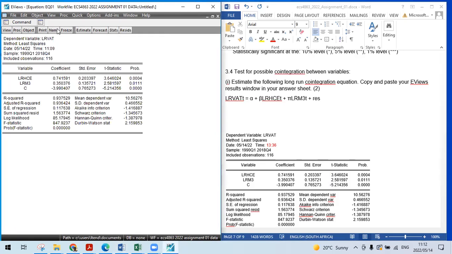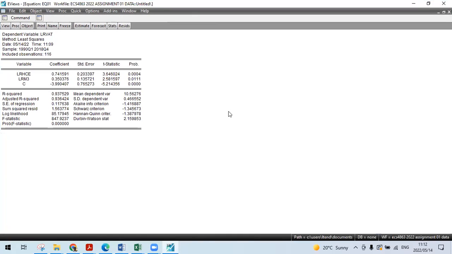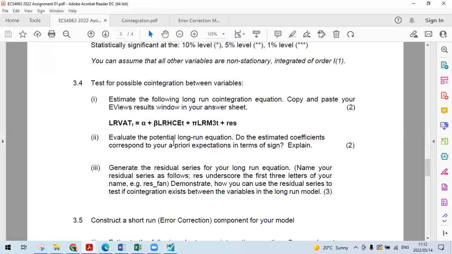There it is. Let's make it big. They are saying evaluate this, right? Where's the question? Here. Do estimated coefficients correspond to a priori expectation in terms of sign?